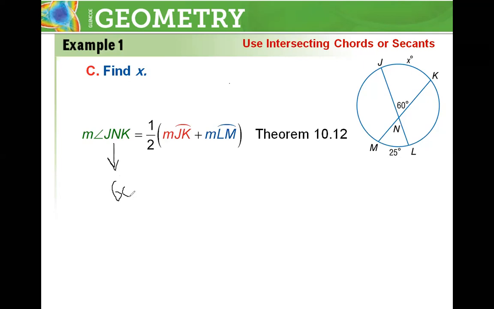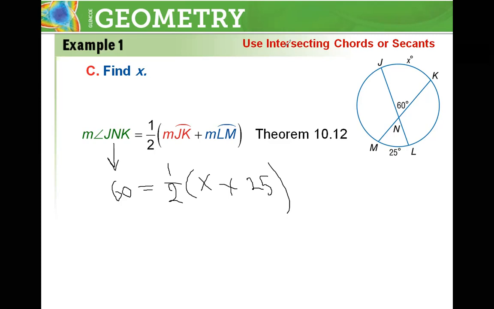Okay, and then after that, I write half. And then JK, X. I put X. And then plus LM, 25. And then it becomes like an equation. Okay, I need x without any other number. This is half multiplied. I multiply by the reciprocal. The opposite of half is what? 2 over 1, or 2. Multiply here by 2 and multiply here by 2.